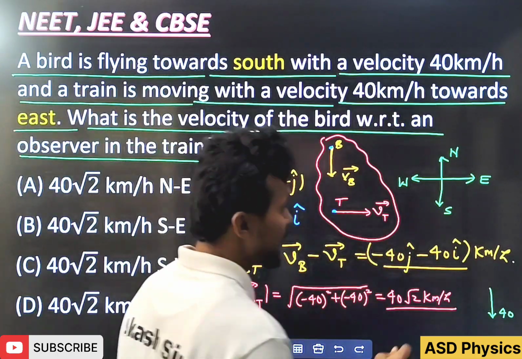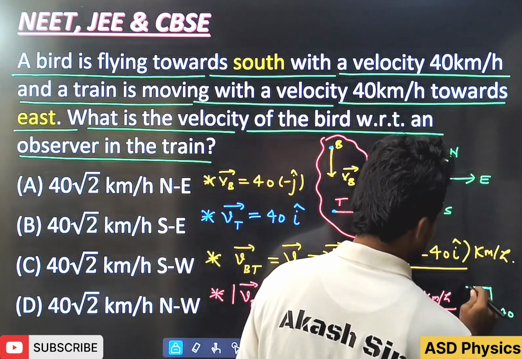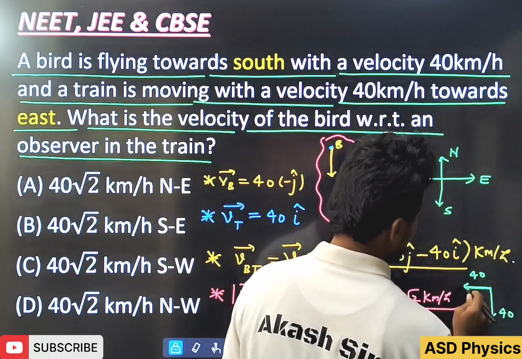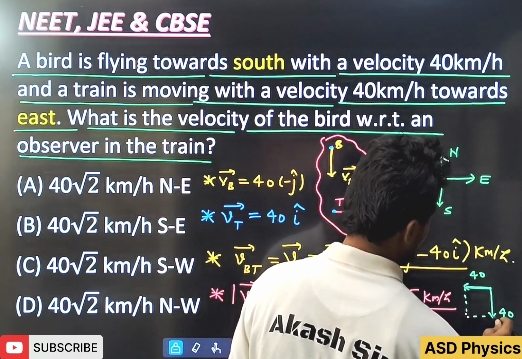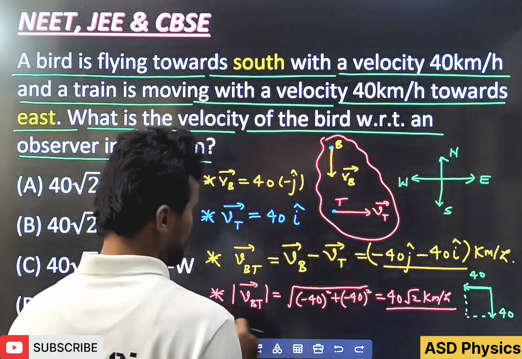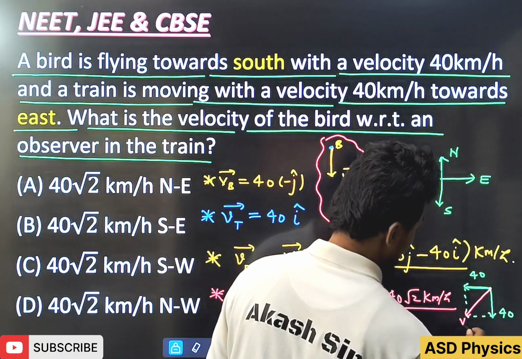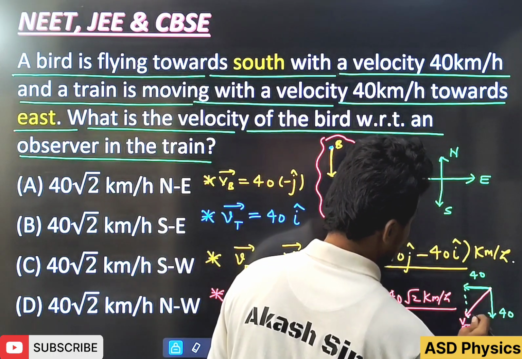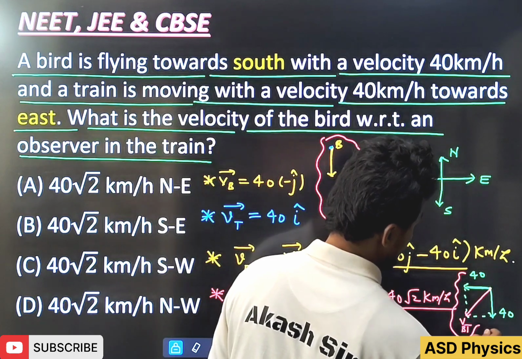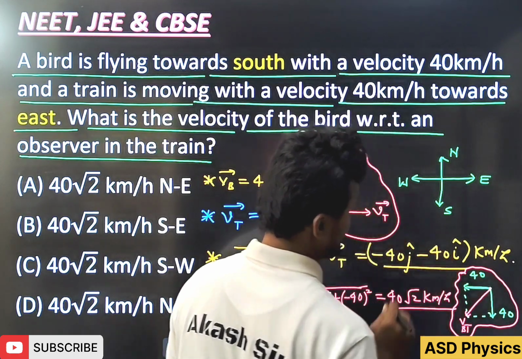What is the minus 40 I cap? This side, like this, this is 40. So from the parallelogram method, like this it will come here. This is the velocity of the bird with respect to the train.